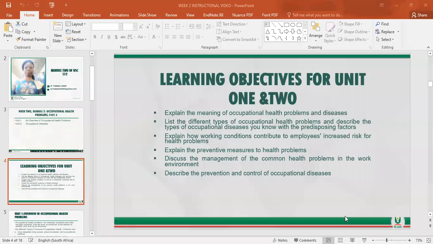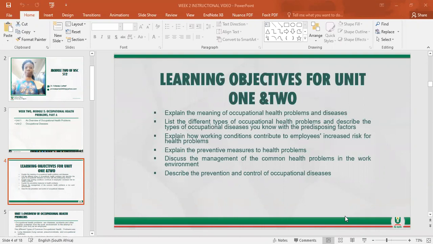discussing together. And quickly, before we dive deep into the lesson, let me share with you the learning outcomes or the learning goals of this module. I have on the screen the learning objectives for Unit 1 and 2 of Module 2. Module 1 was covered last week, and we are on the second week, looking at Module 2.